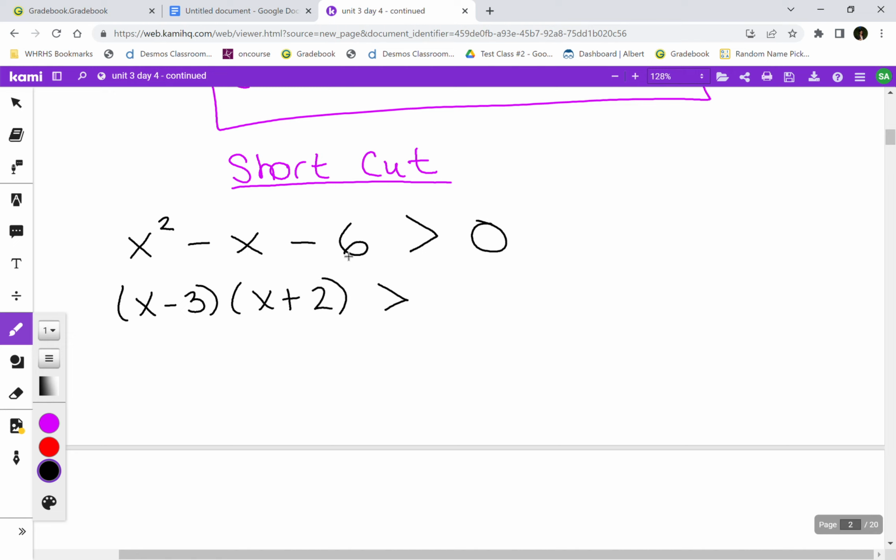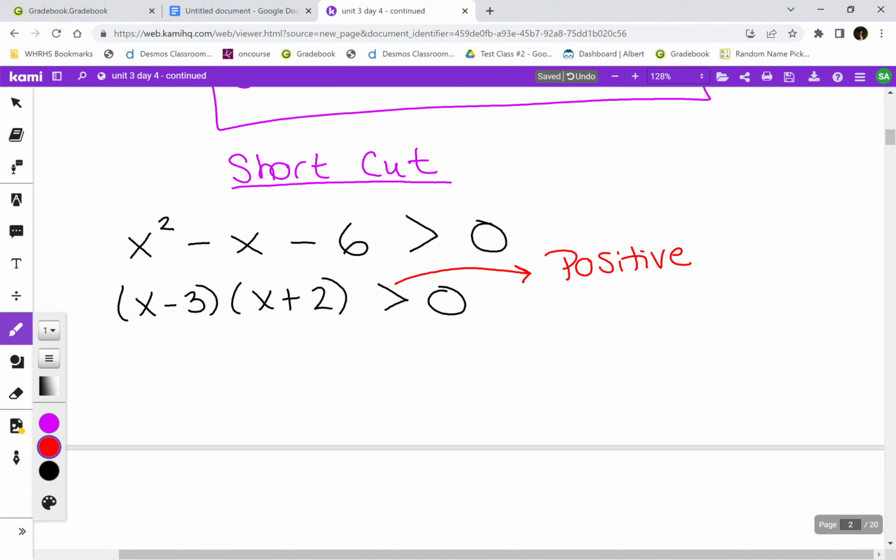We need that greater than 0. Because it's greater than 0, we need the product to be positive.